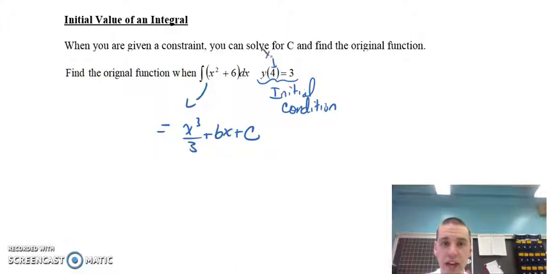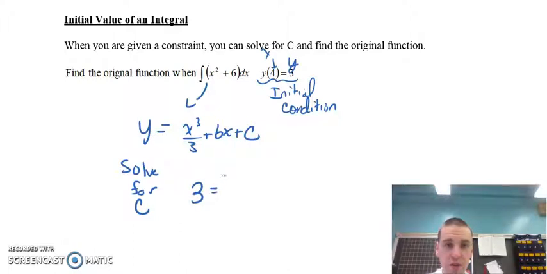Well, this is our x, that's our y, and so we're going to solve for c by plugging in. We know that this is y. Excuse me for not having y equals there. The original function gives us y, so we're going to be able to plug in y. 3 equals 4 cubed over 3 plus 6 times 4 plus c.